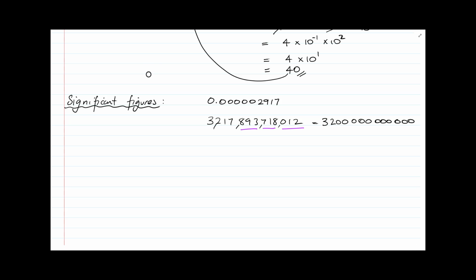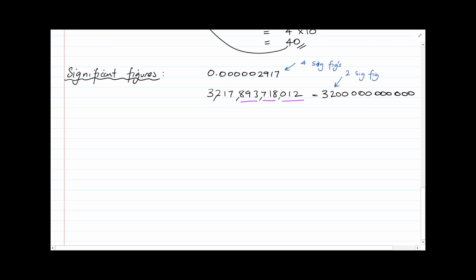So in this case, we have 2 significant figures. And in this case, we have 4 significant figures, sometimes called sig figs. So 4 and 2 significant figures.